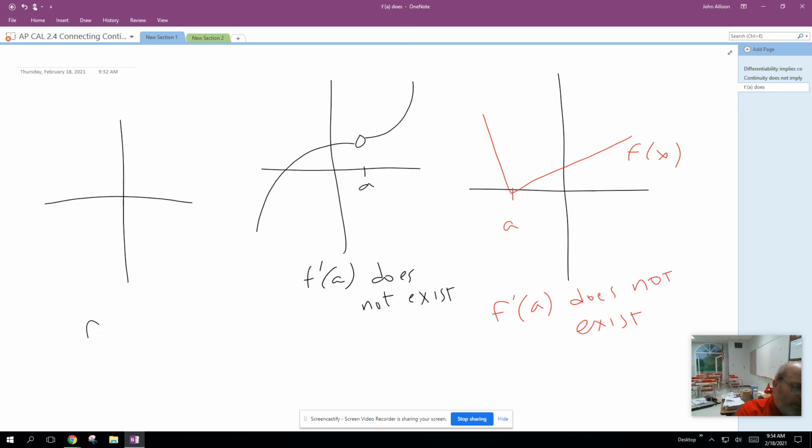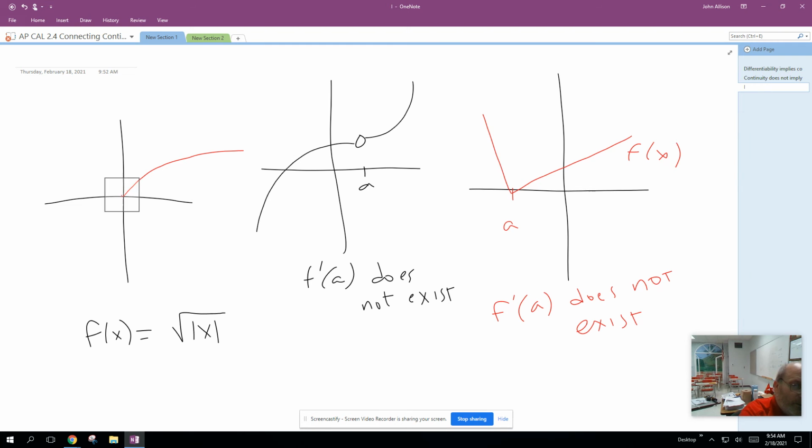If you have a function like f of x equals the square root of the absolute value of x. This function, if you graphed it, when x was greater than 0, would just give you the square root of x.